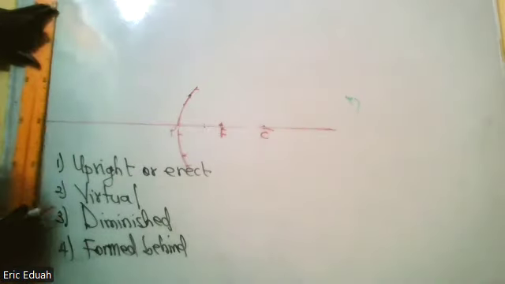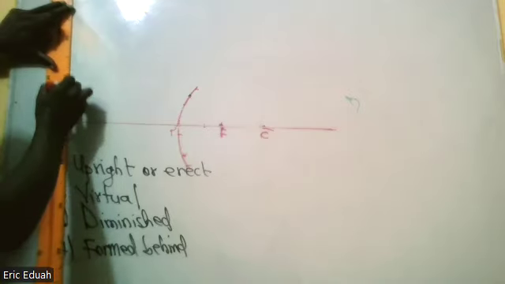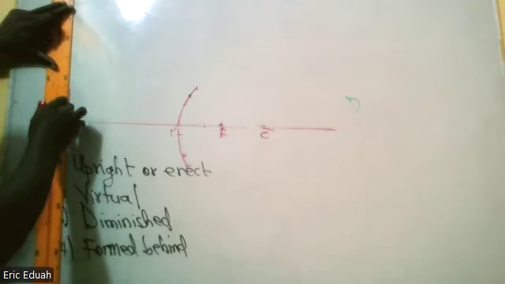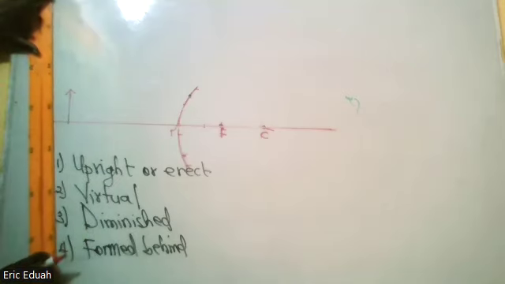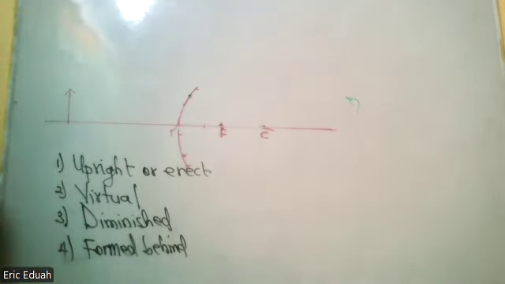So let's place the object this time around at a far distance away from the mirror and use a ray diagram.